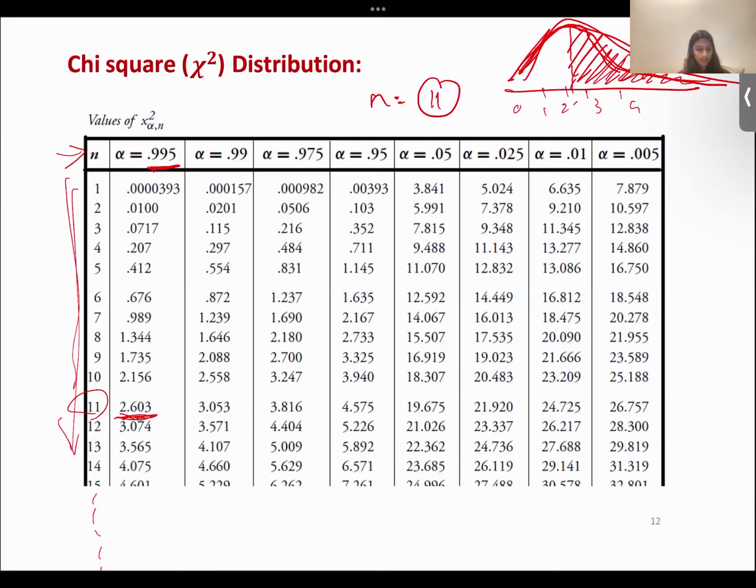So this is how you read the table. It's the other way around. This doesn't mean that at 0.99 you have this area. That is not how you read it.